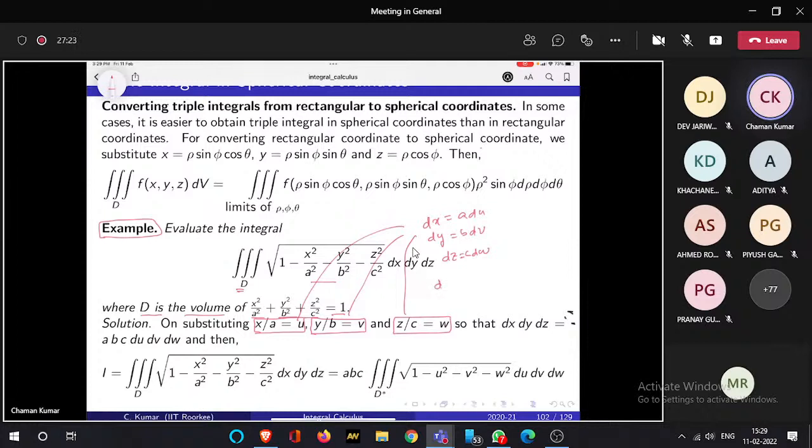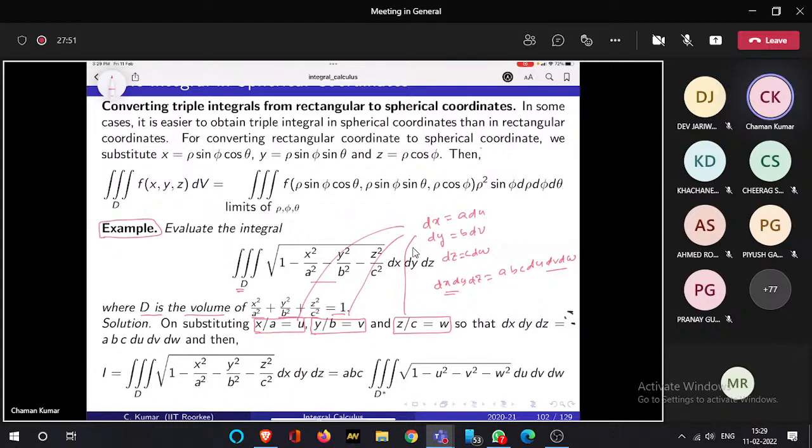Which means dx dy dz, the volume in the rectangular coordinate, is basically a b c du dv dw.